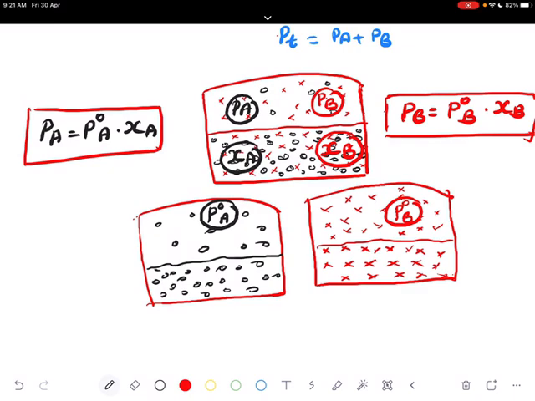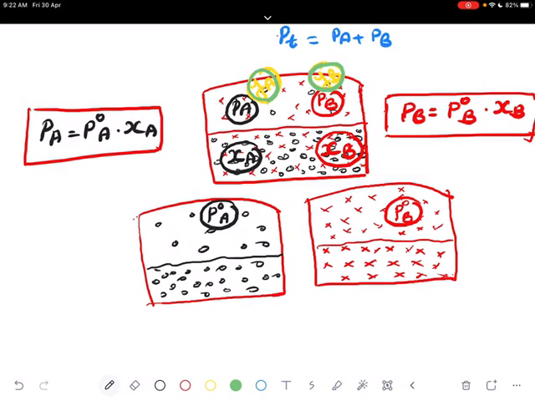Now, there is a YA. What is YA? YA is the mole fraction in the vapor phase of component A, and YB is the mole fraction of component B in the vapor phase.